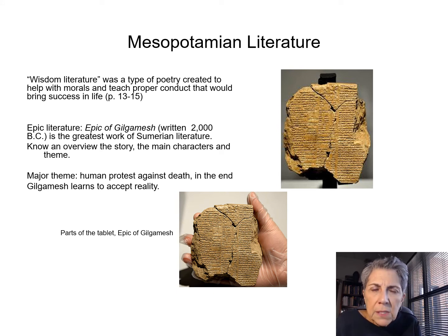Students, every civilization is going to have epics, just like we have epic stories. So you're going to see with the Greeks, you have epic stories, and with the Romans, you're going to have epic stories. And with India, you have epic stories. So we have these epic stories that reflect what that culture believes.